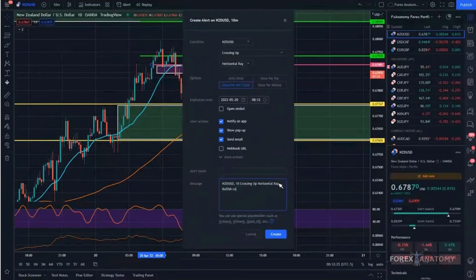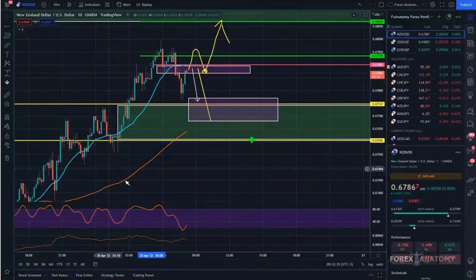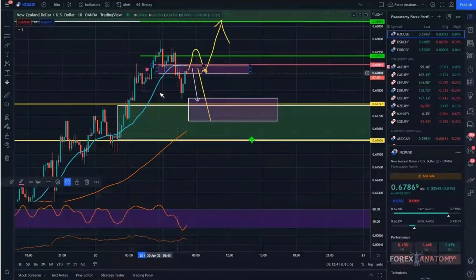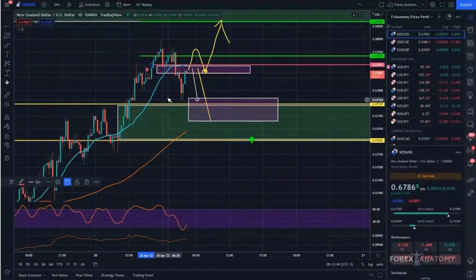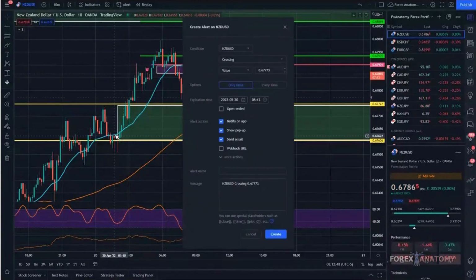Bullish confirmation. If so, look to buy on retest. Oh yeah. All right. So we got our alert here, and we'll see. But I'm also going to place an alert down here, and we'll be notified when price reaches this area as well.